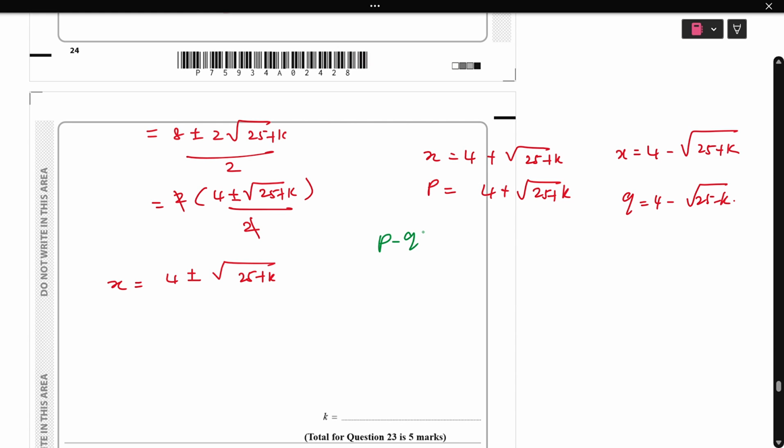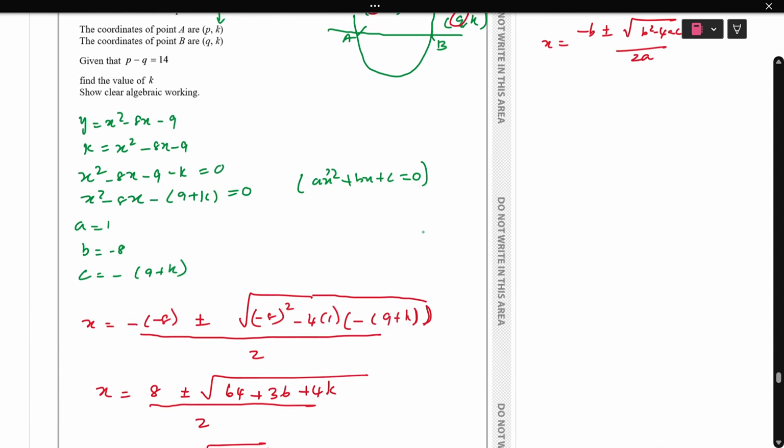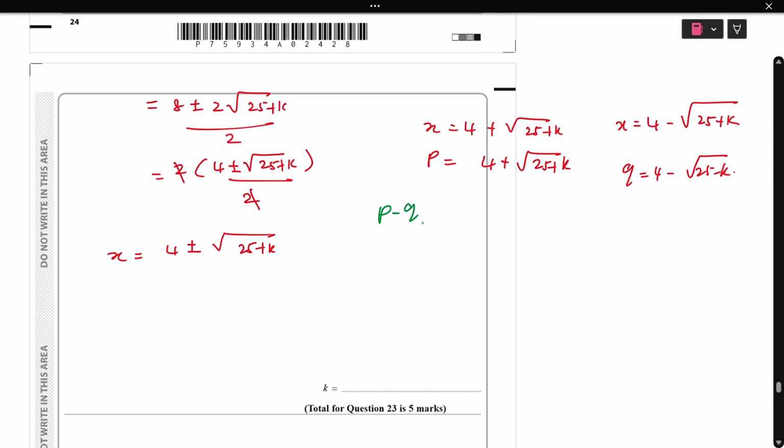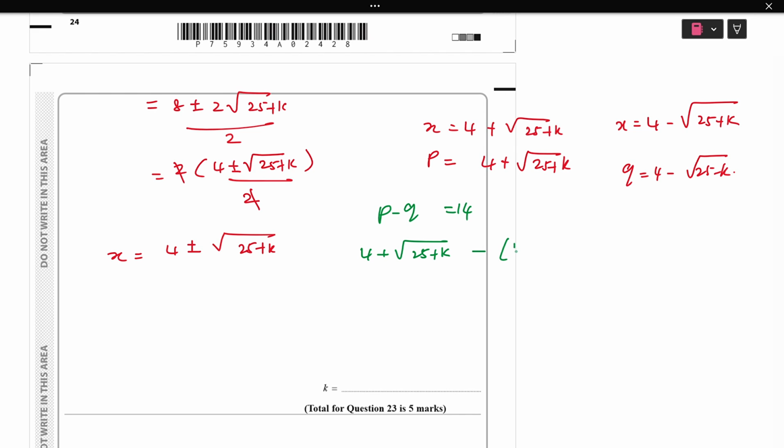P minus q equal to what is given in the question? P minus q equal to 14. So p is 4 plus square root of 25 plus k, minus 4 minus square root of 25 plus k, equal to 14.